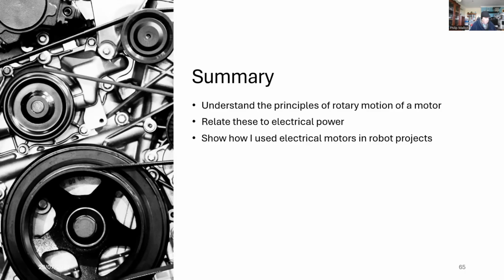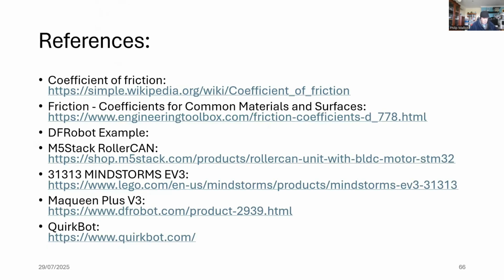I've used electric motors on a number of my robot projects, and I've demonstrated how I've done that. I've also given a couple of design examples where the electrical and mechanical properties of robots are used in design. And here are some of my references.